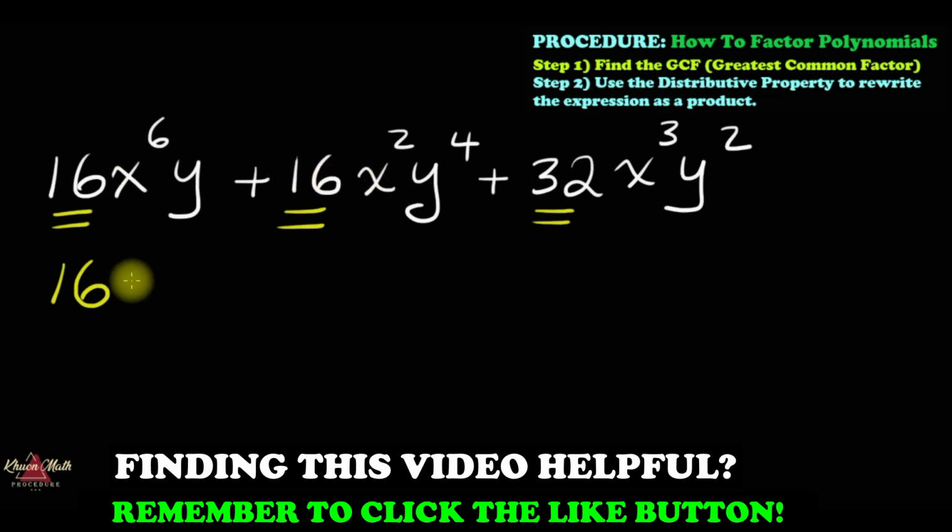So you want to pull out the one with the lowest exponent. So that would be x squared. And then for your y, you got y here to the first power, and then y to the fourth, and then y squared. So your greatest common factor is y for the y. Okay, so that's step 1. Come up with the greatest common factor.